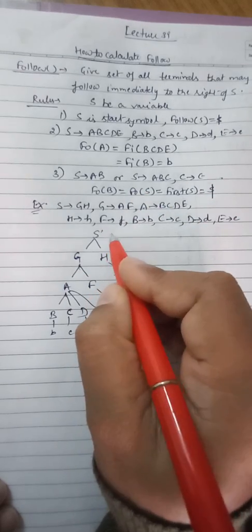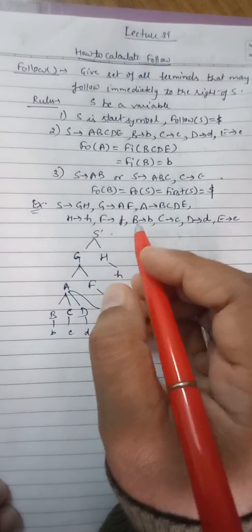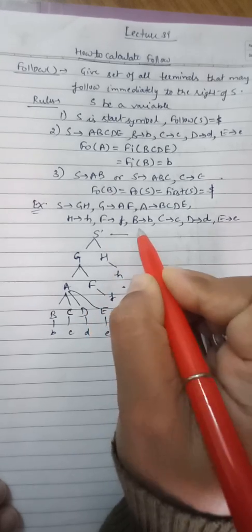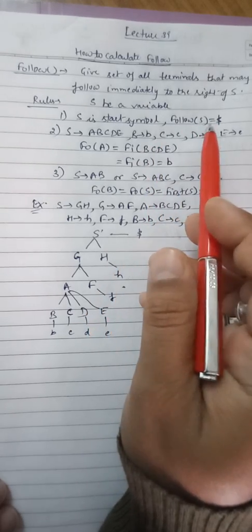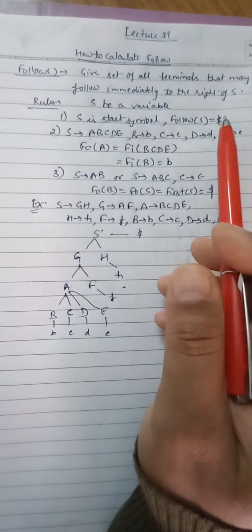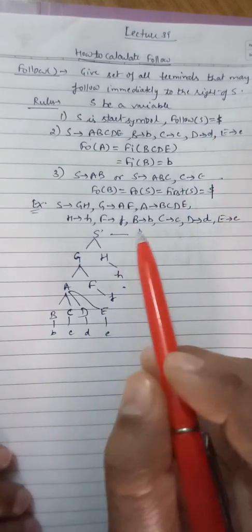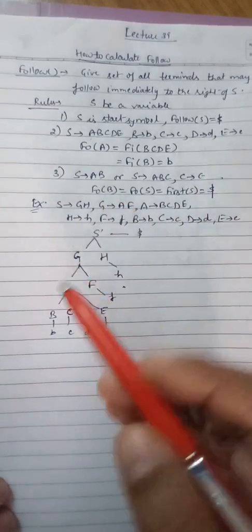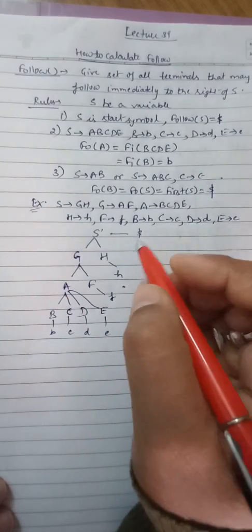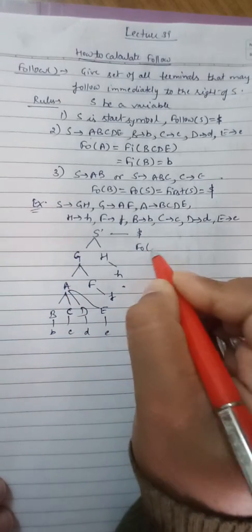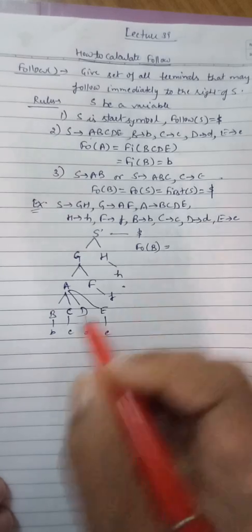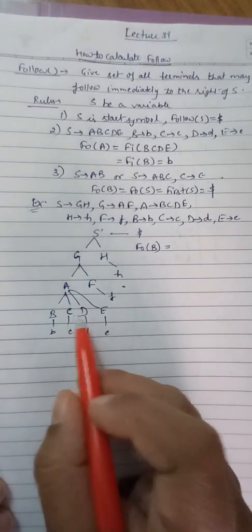Because this is a start symbol, it always has the symbol dollar according to the rule. So the start symbol always has follow dollar. After that we are going to calculate the follow of B. The next is CDE.